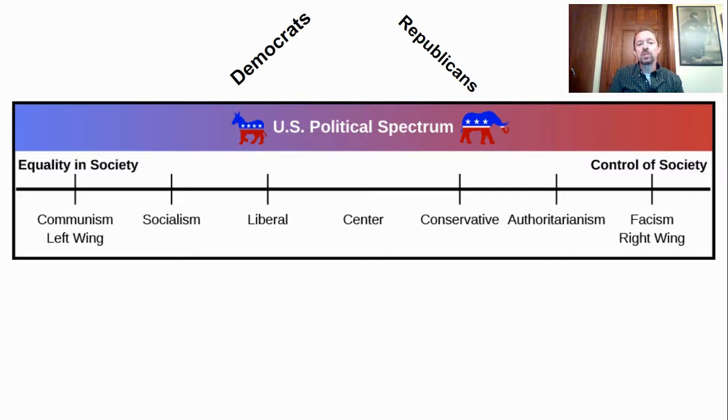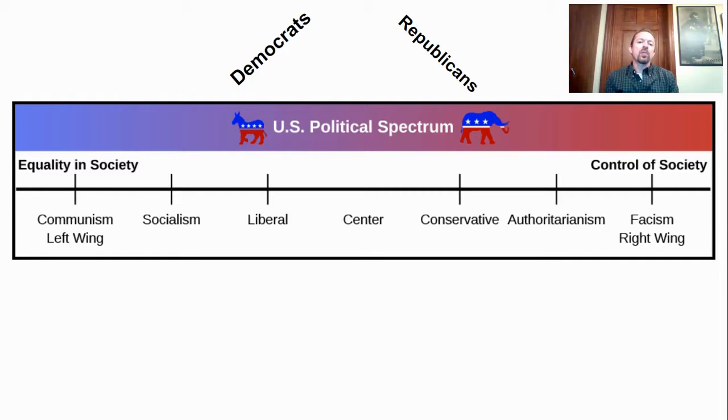So let's start with the term Democrat and Republican. And we talked about political parties several lessons back. So that's just something we need to refresh here. A political party is not really technically part of the government. It's like a private club, really, but anybody can join it.